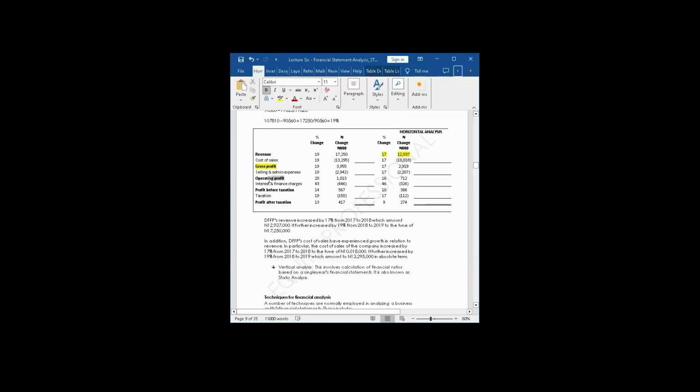I can pick operating profit. Someone else can pick profit after tax, but I want to see three items. All right, I'm waiting.